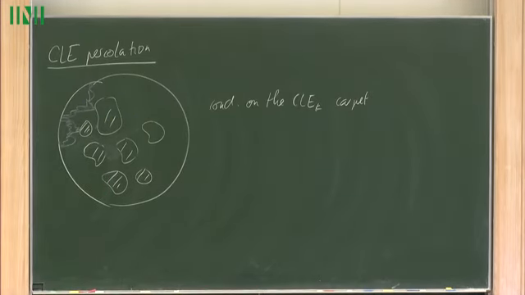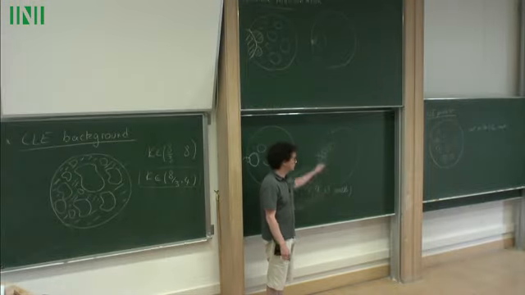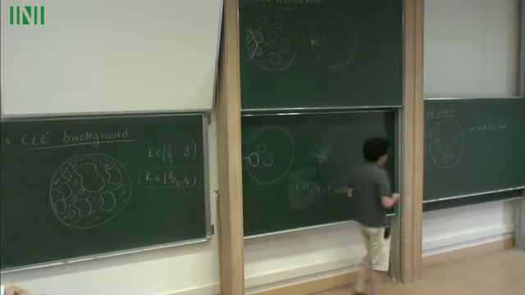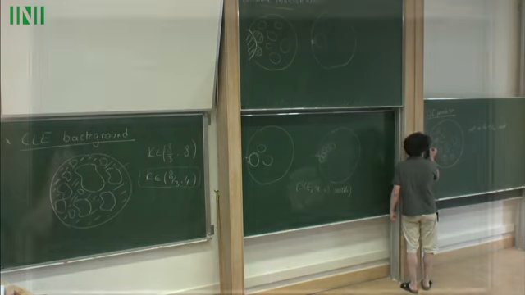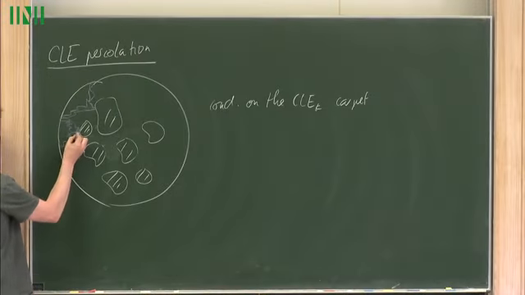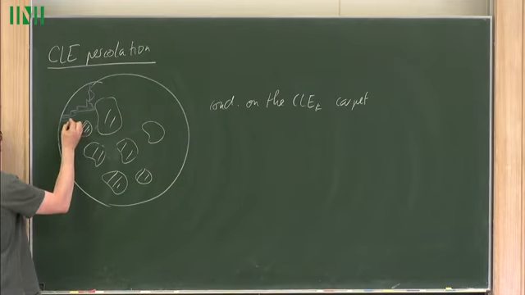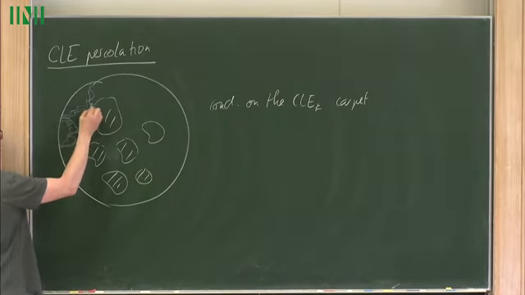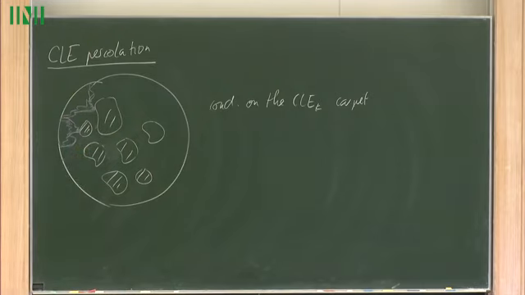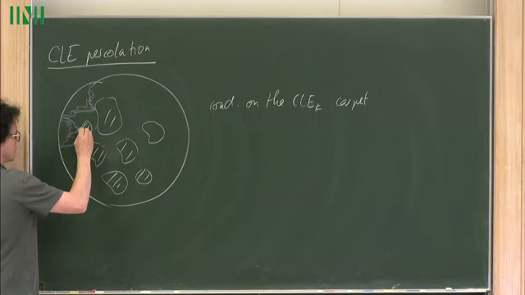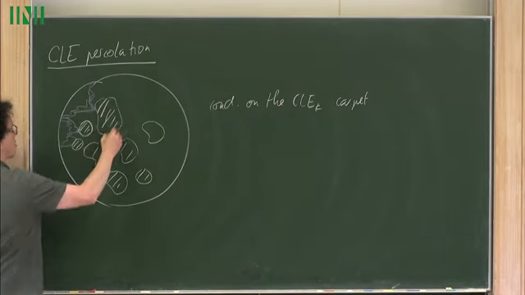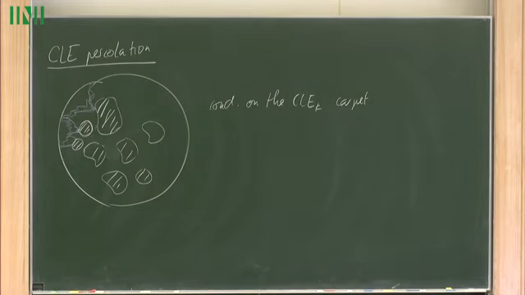So this exploration process that I described to you before, the way to understand it is basically as follows. You are following the outer boundary of this percolation model inside the CLE, and each time you find a CLE loop, you attach it to your model.